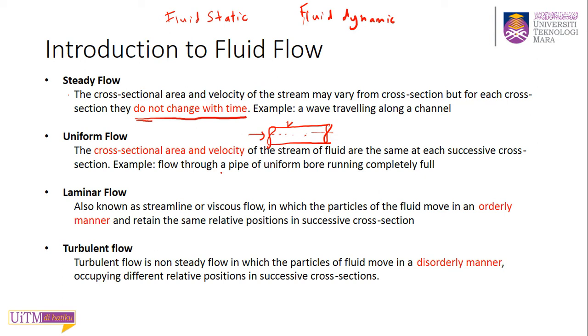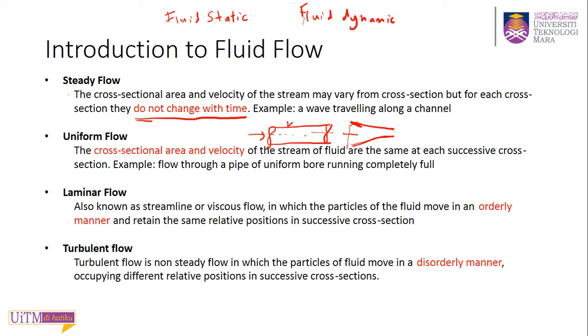So that's uniform flow, and the opposite of uniform flow is non-uniform flow. That means the cross-sectional area is not the same. Let's say the pipe is like this, so you have one section bigger than the other section.